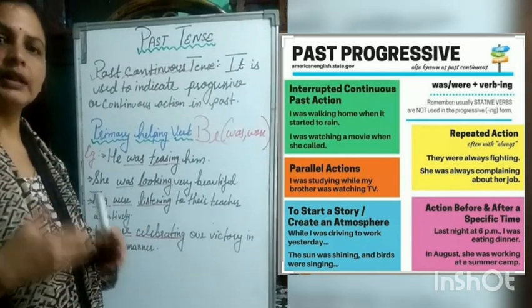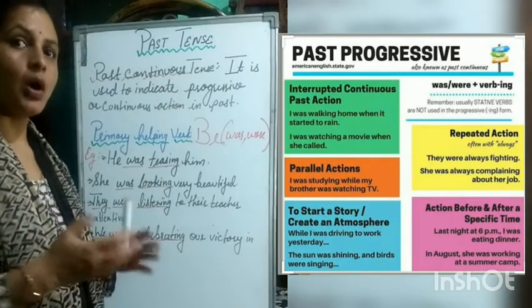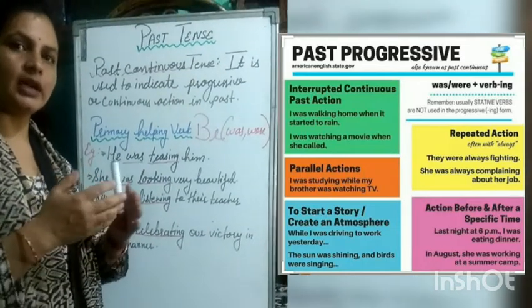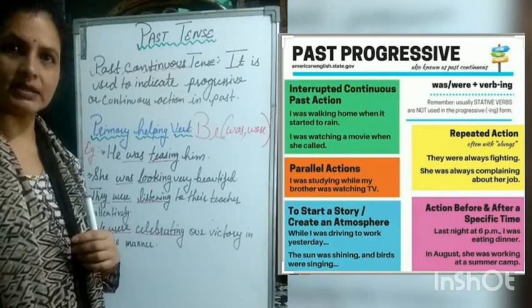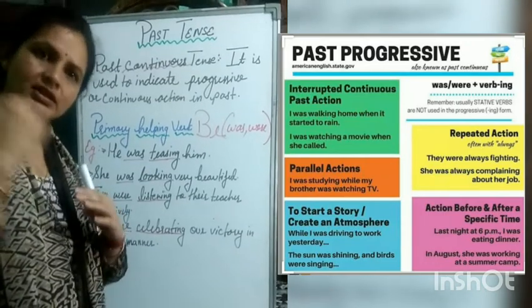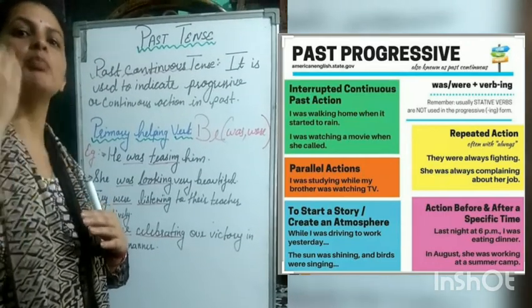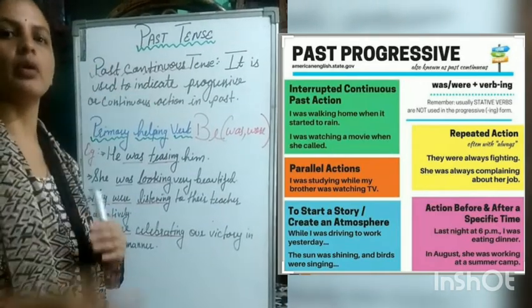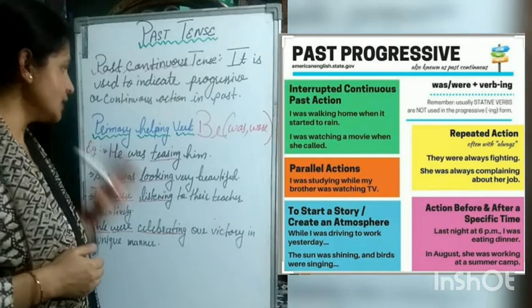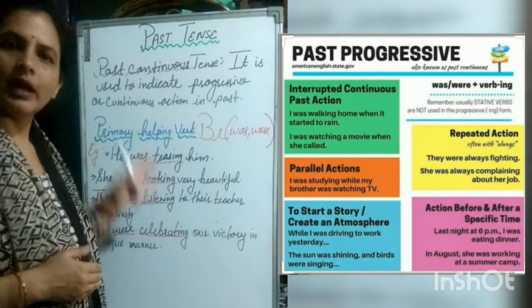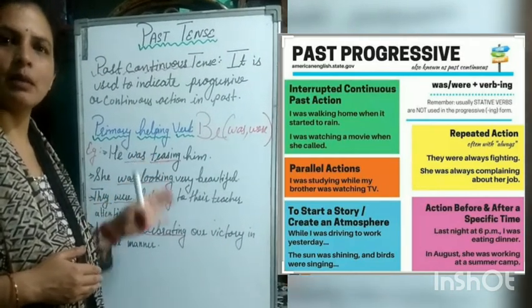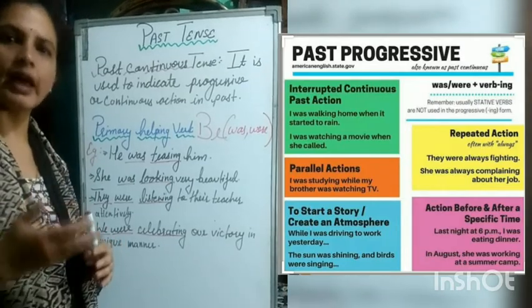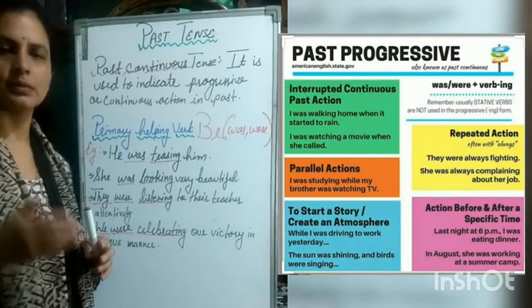So celebrating is the progressive verb. All these actions took place in the past, and still they were in progress. So in such a manner, the helping verb tells us about progressive actions or progressive verbs.